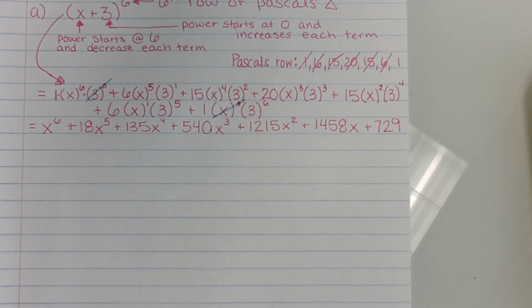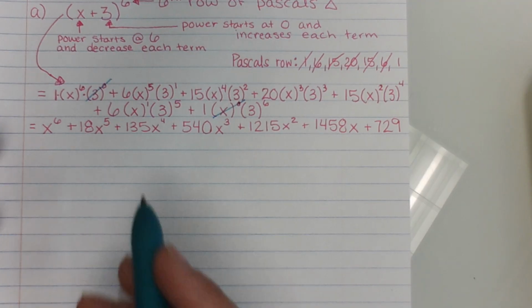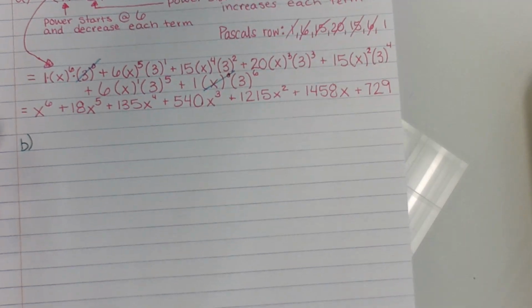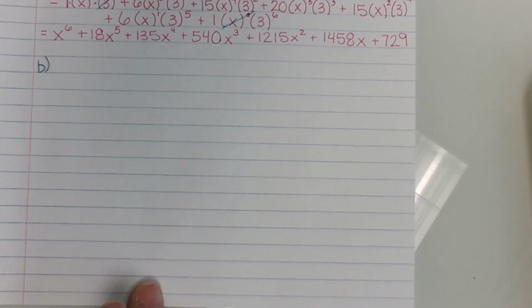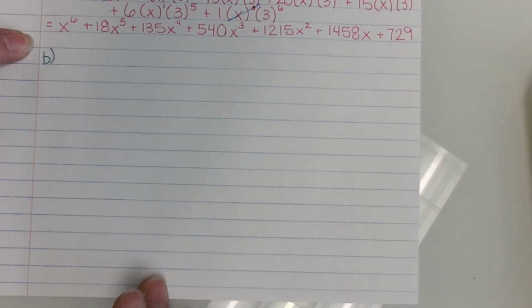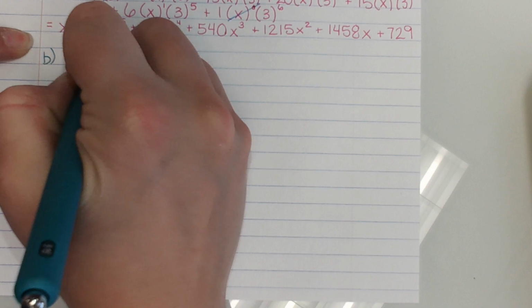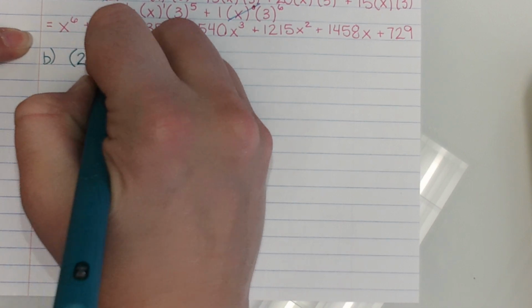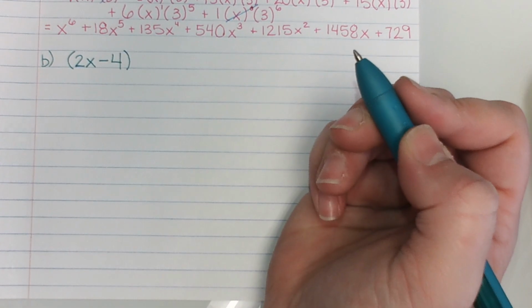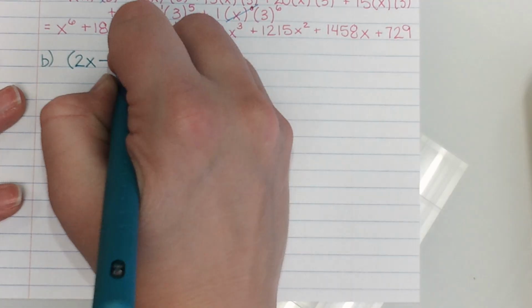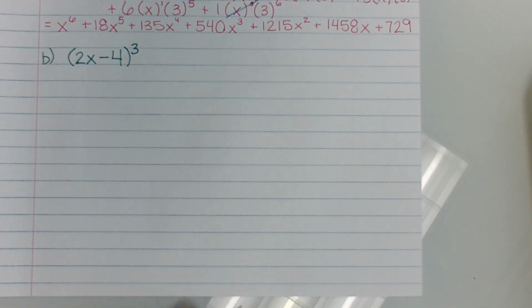I have one more example for you. Two x minus 4 to the power of 3.